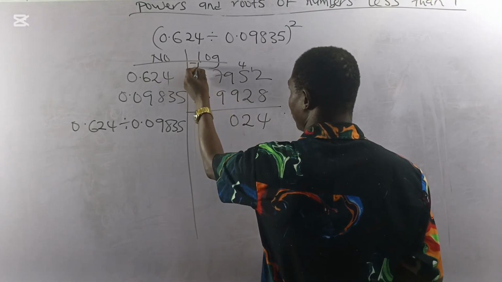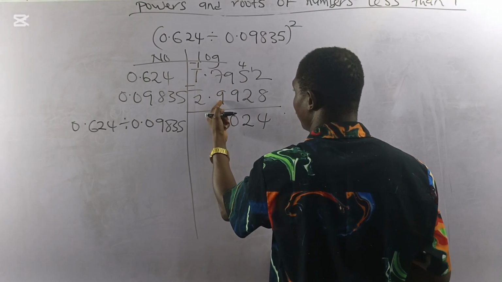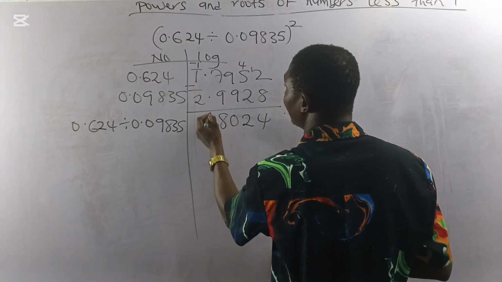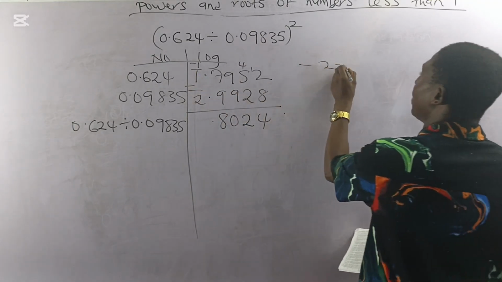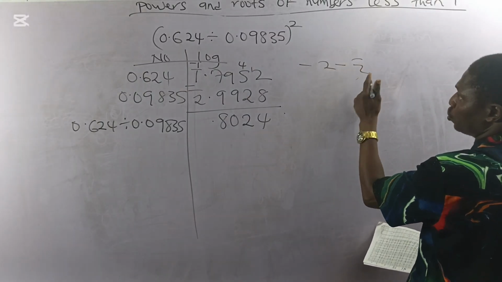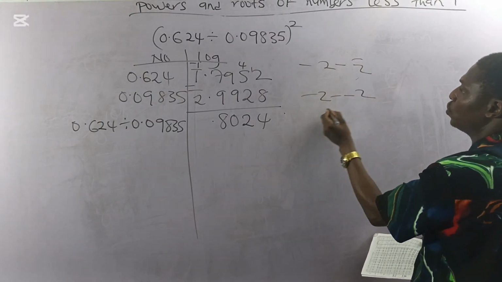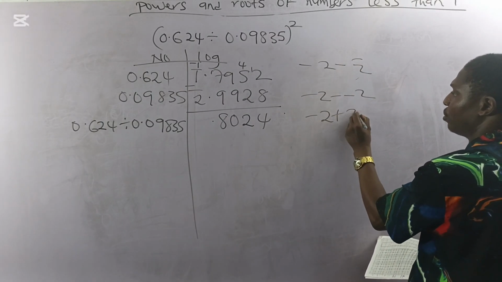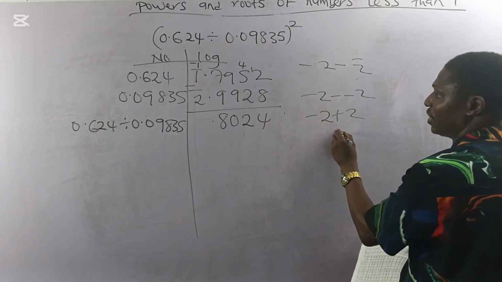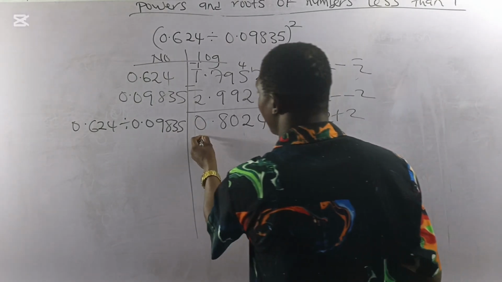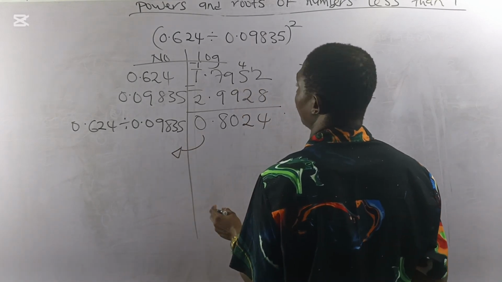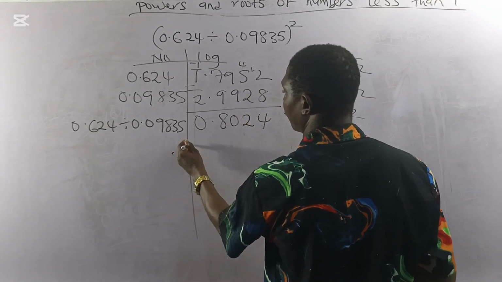Take 1 from here, become minus 1. Here becomes 17. 17 minus 9 will give me 8. Minus 1 will give me minus 2. So I have minus bar 2, and bar 2 is minus 2. So I have minus 2 minus minus 2, giving minus 2 plus 2, which is 0. So here simply gives me 0. So I'll come and look for my antilog of this. Okay, I've not squared it.